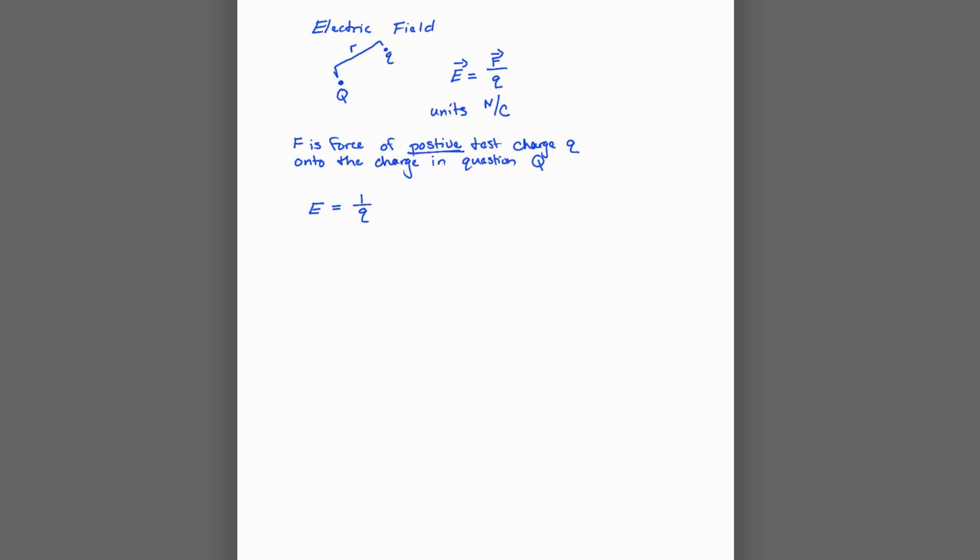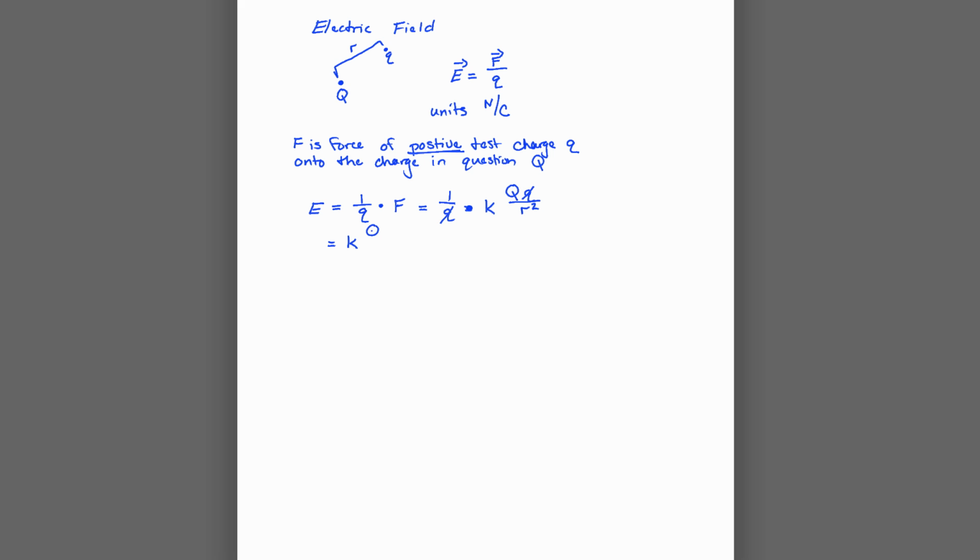So we'll plug in Coulomb's law for the force, which is our proportionality constant K, the charge in question, capital Q, times the charge of our test charge, over the distance between them squared. So we can see it doesn't really matter what the charge of our test charge is, they cancel. So I can rewrite this then as our proportionality constant times the charge in question, the one that's causing the electric field, over the distance squared.